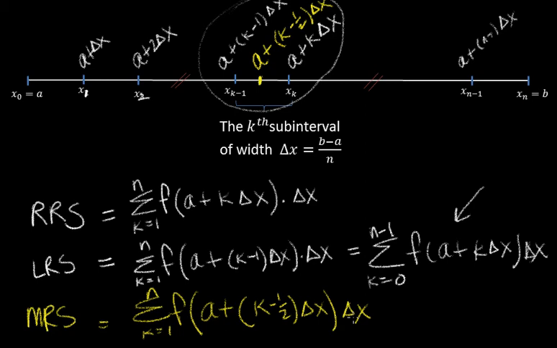Now, if you just memorize this part that I have circled in white, actually all you really need to know is the midpoint and the right endpoint. It's so easy because you can always just draw this out and think, oh, right endpoint: a plus 1 jump of delta x, a plus 2 jumps. Okay, that would be a plus k jumps of delta x, and I have to back up 1/2 for the midpoint.